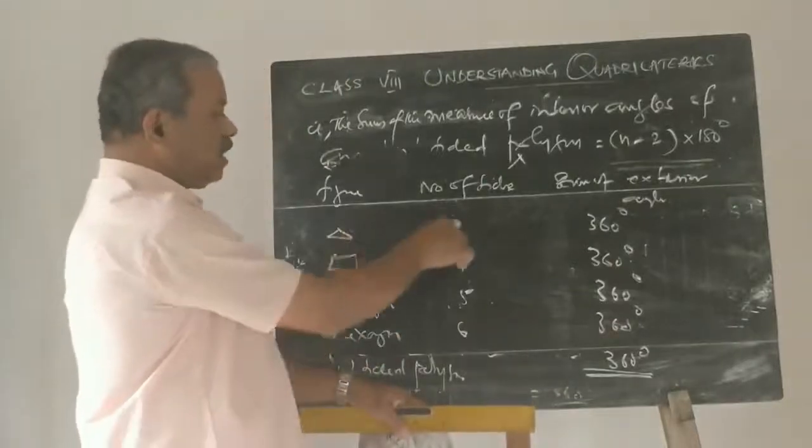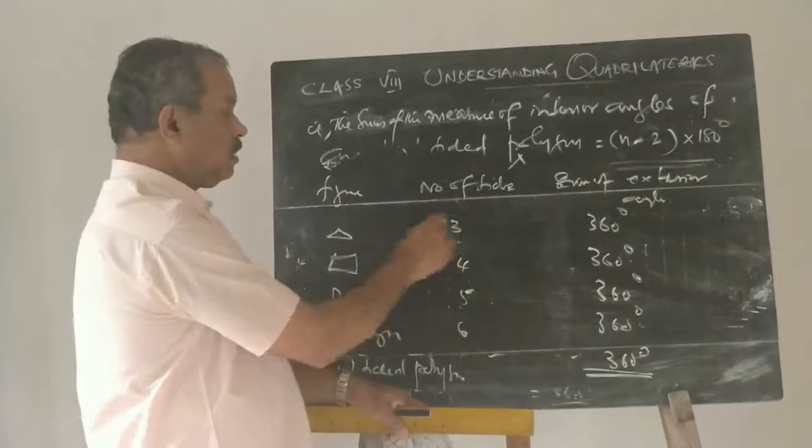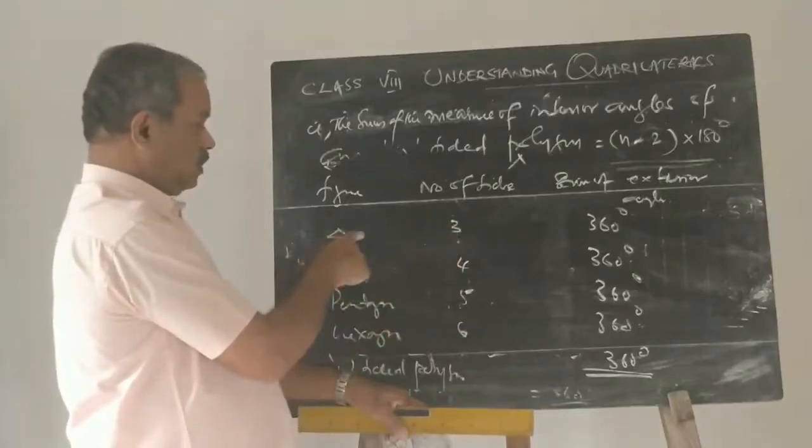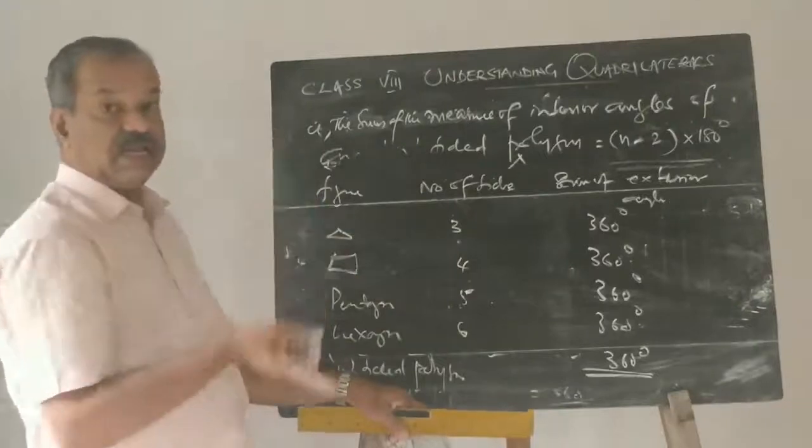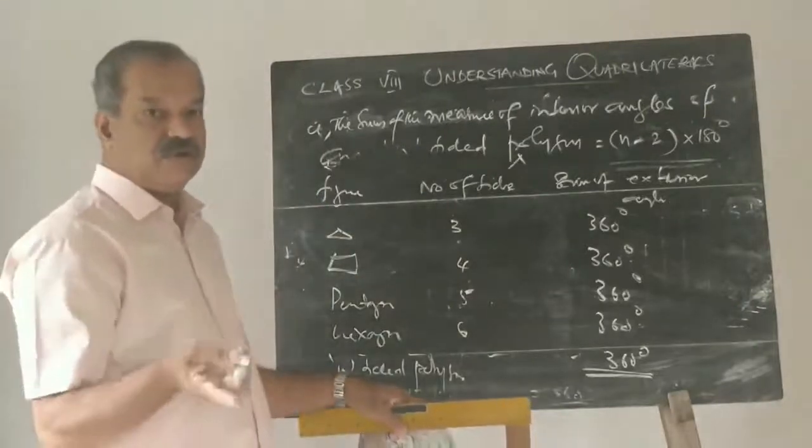Whatever the number of sides, here there are 3 exterior angles and 3 interior angles. 3 linear pairs means 3 into 180.